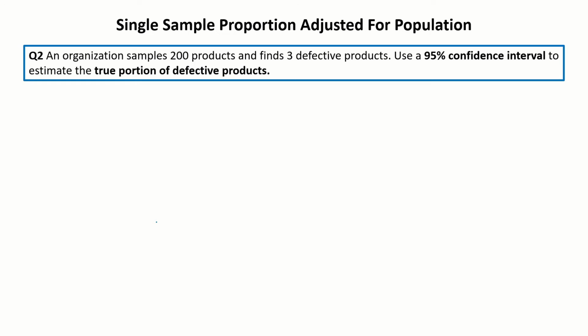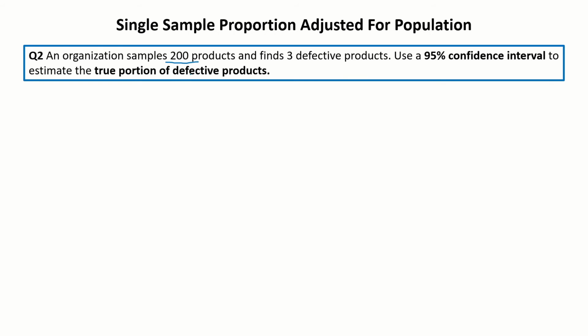Right, we can now extend the single sample proportion for the entire population. So in the previous example, we looked at the proportions for a single sample, but now we can extend that or adjust that for an estimate of the true proportion for the entire population as well. So let's just say we have an organization and out of all their products, they just sample 200 products.